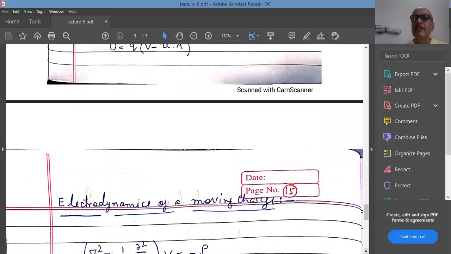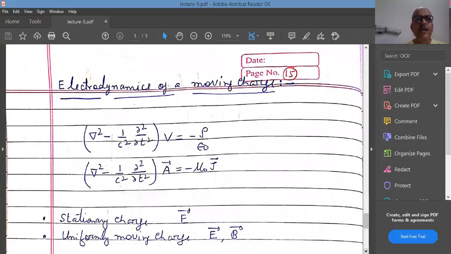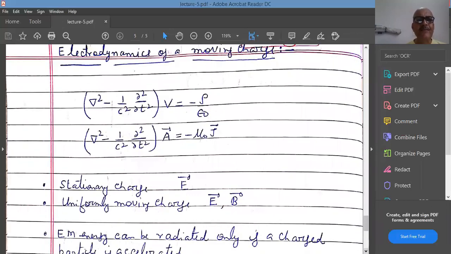You all know that for a stationary charge, these two equations are well known to you. A stationary charge produces the electric field only. But if you have a uniformly moving charge, then it is capable of generating both the electric field and the magnetic field. In other words, it can generate the electromagnetic field of short range, but it cannot radiate electromagnetic energy.